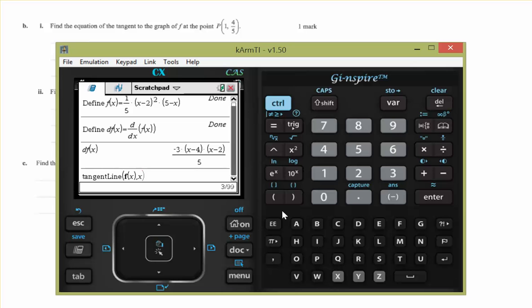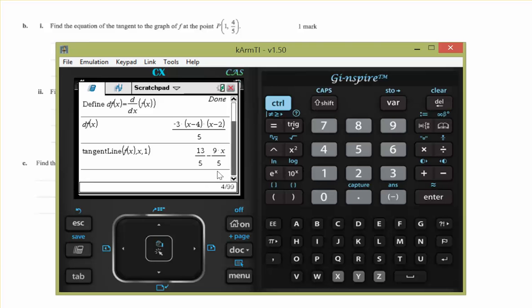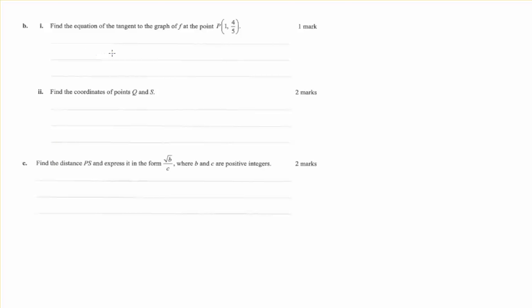The variable, which is x, and the x value we're concerned with, which is 1. And that gives us the equation of the tangent, which we can write over here. So our equation for our tangent, we can write y tangent equals negative 9x on 5 plus 13 on 5.